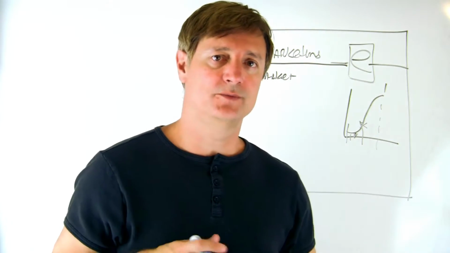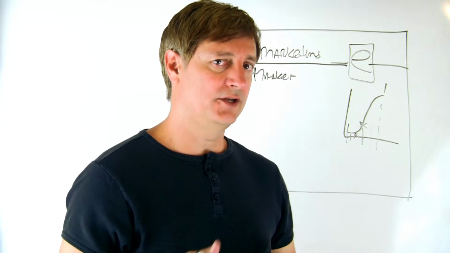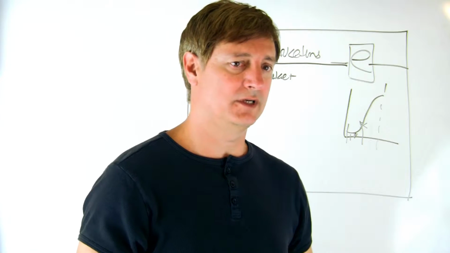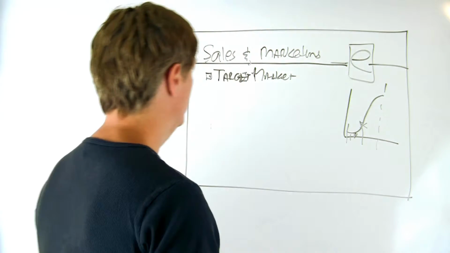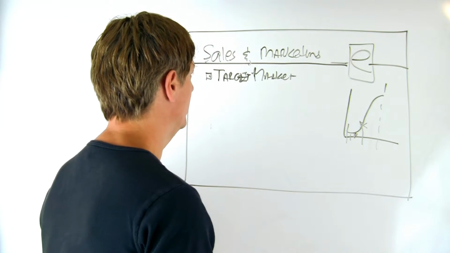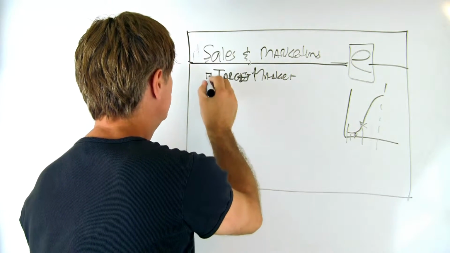How you approach those people from a marketing perspective is different than how you approach people as you go into the marketplace, hitting the early mainstream, and of course your marketing strategies and sales tactics will vary.